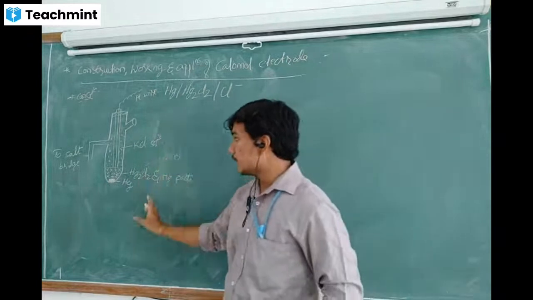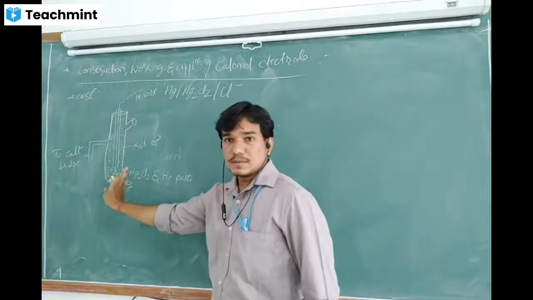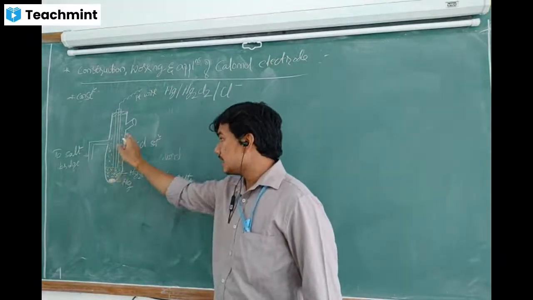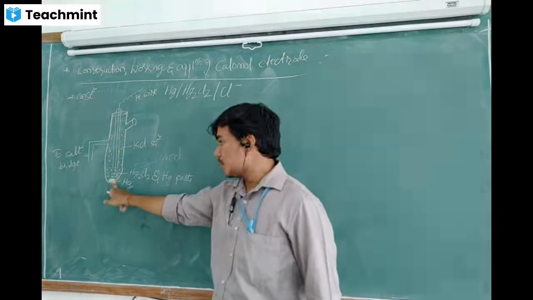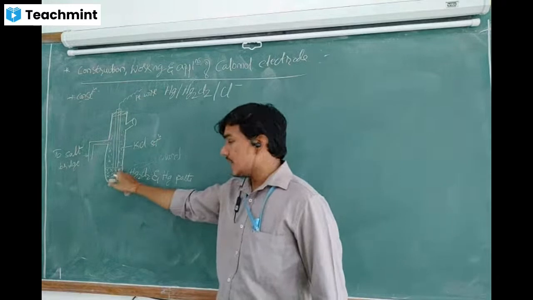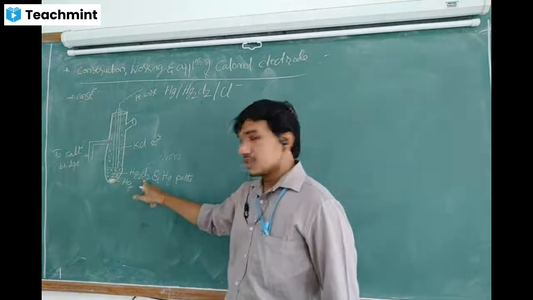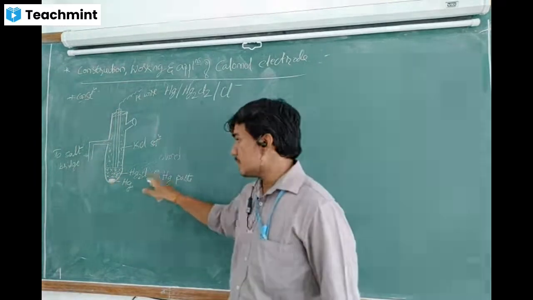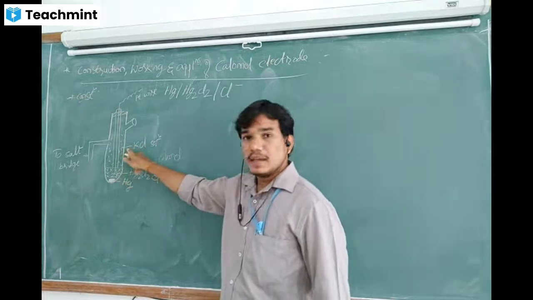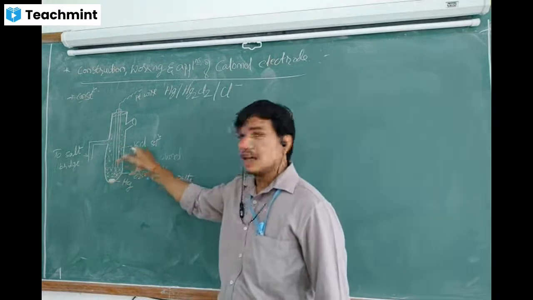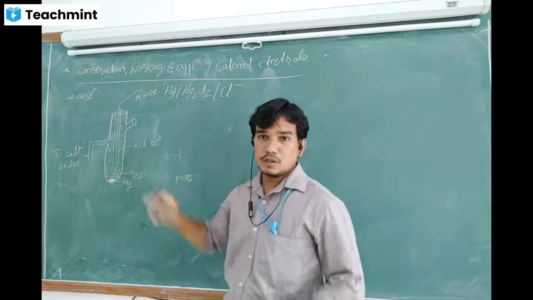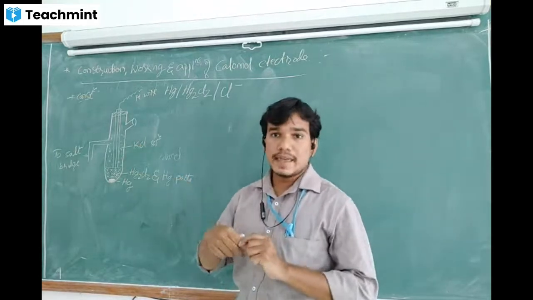So calomel electrode consists of a glass vessel. At the bottom, pure high grade mercury is placed, over which a paste of mercurous chloride and mercury is placed, over which a KCl solution, which acts as an electrolyte solution to transfer electrons, ions.